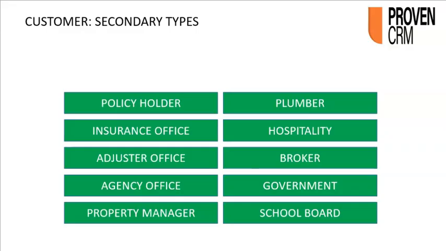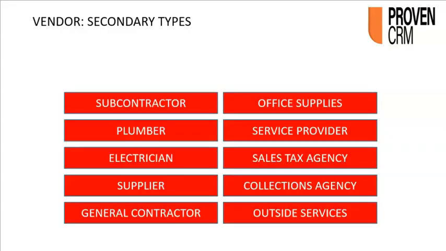We have insurance office, adjuster office, property manager, plumber, etc. For organizations that are set up with the type vendor, they will have different secondary types. And again, it will depend on what role they will have within the Job Relationships tab. Some examples of vendor secondary types are subcontractor, plumber, electrician, supplier, etc.